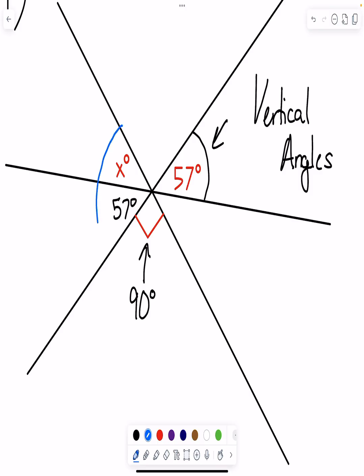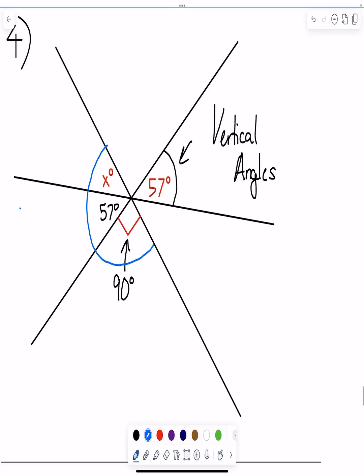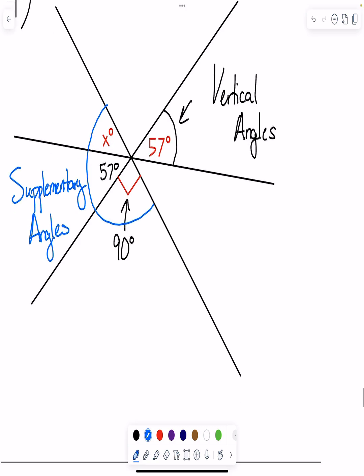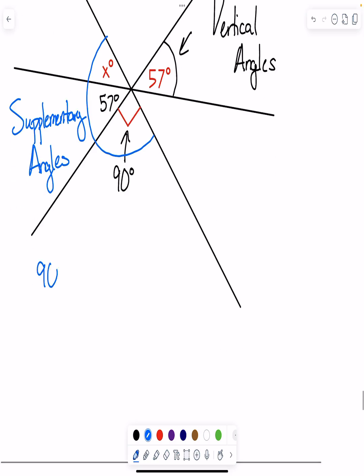And then between these 3 angles, I have a supplementary pair. So in this case, 90 plus 57 plus something gives me 180 degrees.